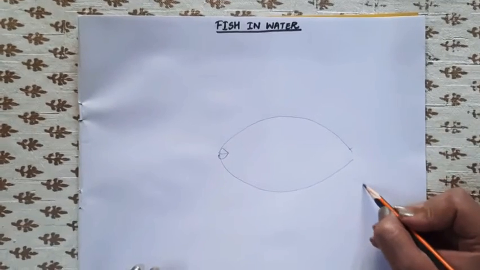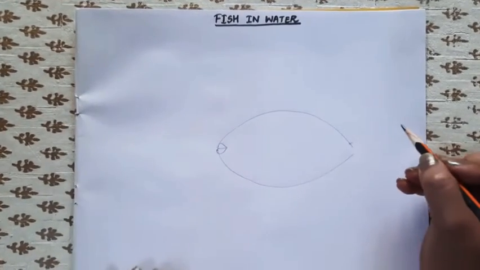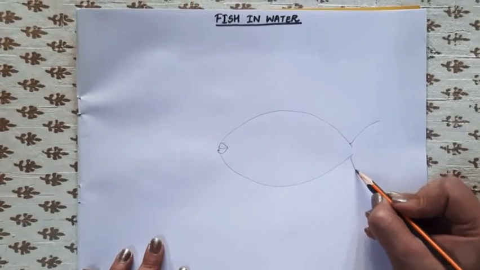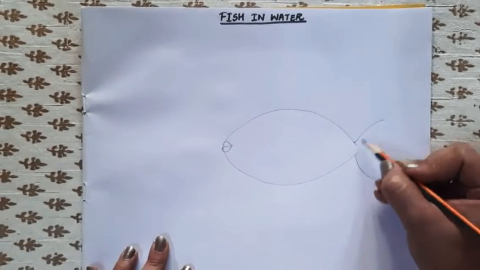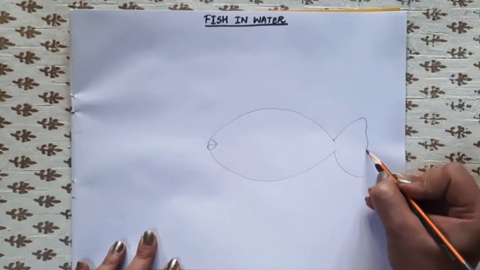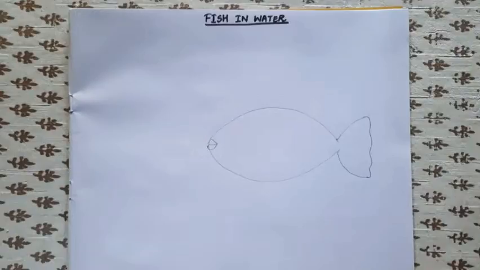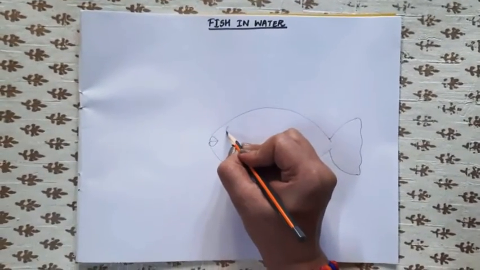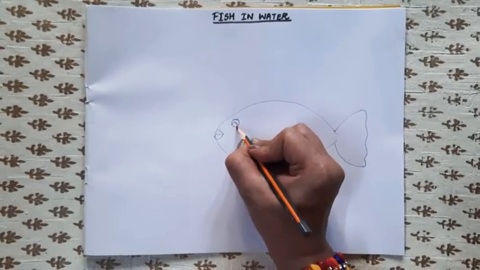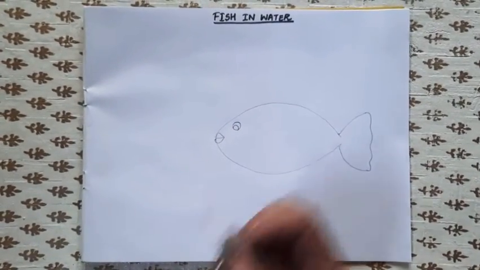Now, the tail is in the shape of a triangle. So, for that, it's a triangular shape. Extend two lines outwards and let's make a curve. Let's draw a small circle for her eye and another semicircle to show the eyeball.